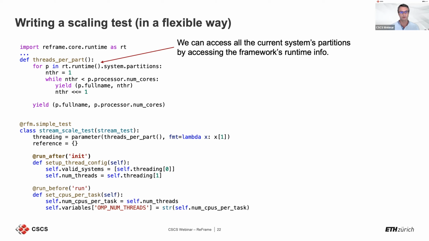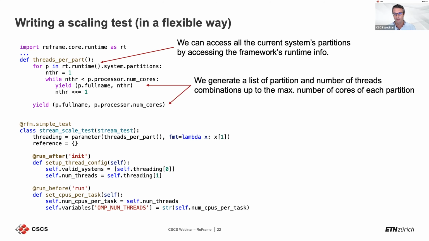So there we get all the partitions, and for each partition, essentially here we generate a set of combinations of partition name and the list of maximum threads it can have. So for example, for your laptop, you have like 8 cores, you will get 1, 2, 4, 8. If you go on a system that has 20, you'll get 1, 2, 4, 8, 16, and the maximum, 20.